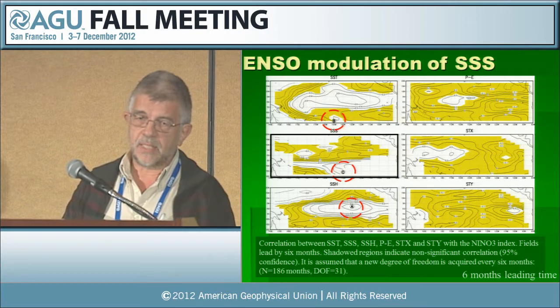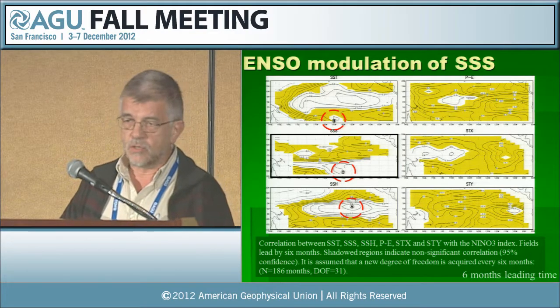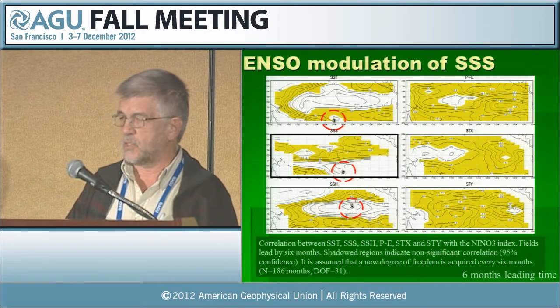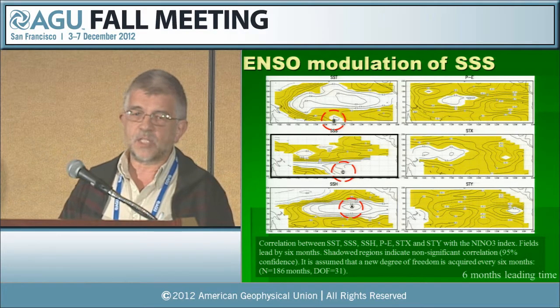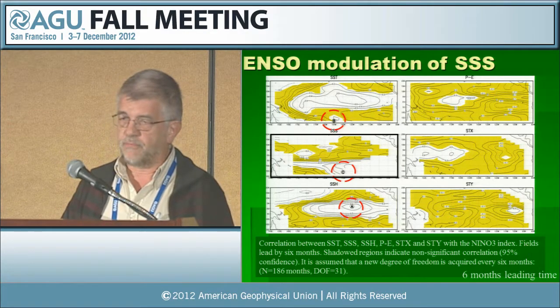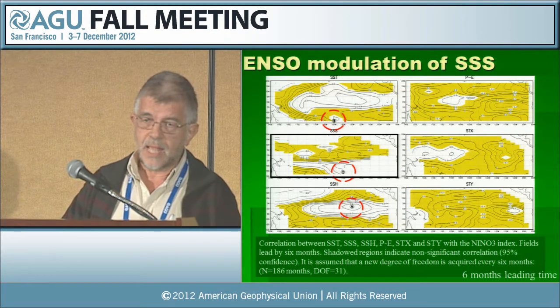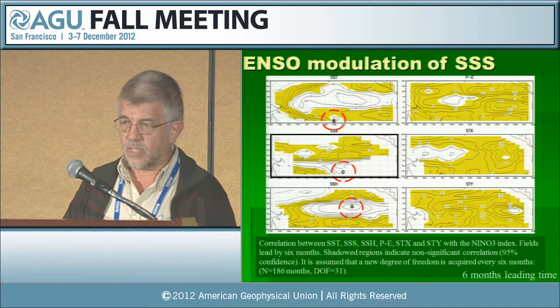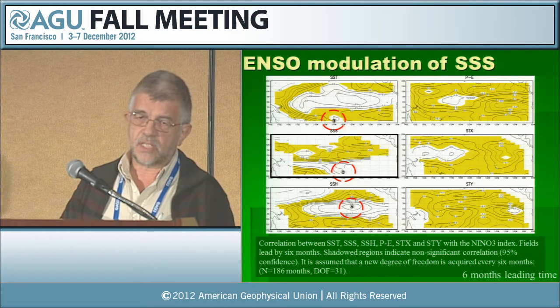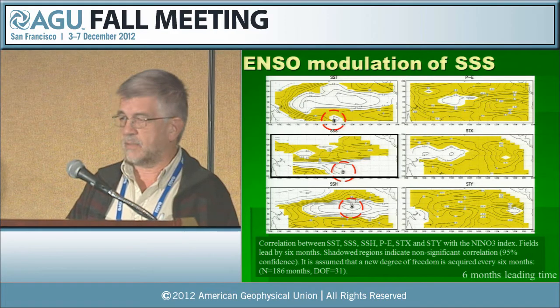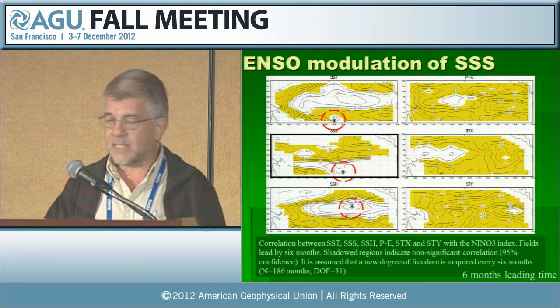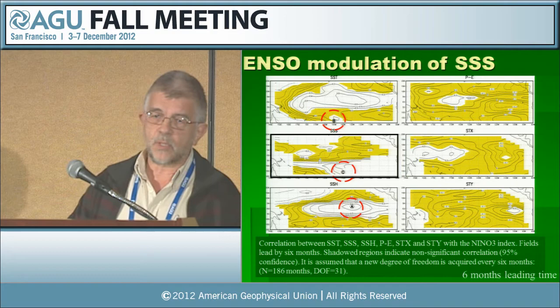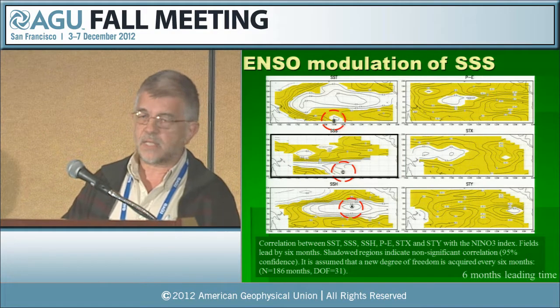If we use the rest of the variables, temperature and height, we can explain, I think, a total of 50% of the variability. And if salinity is added to this, it goes up to near 60%. So it's clear that with this time lag, salinity is an important contribution to the forecast of El Niño.